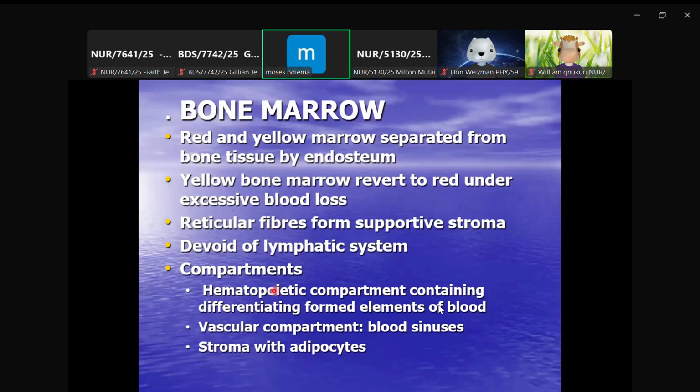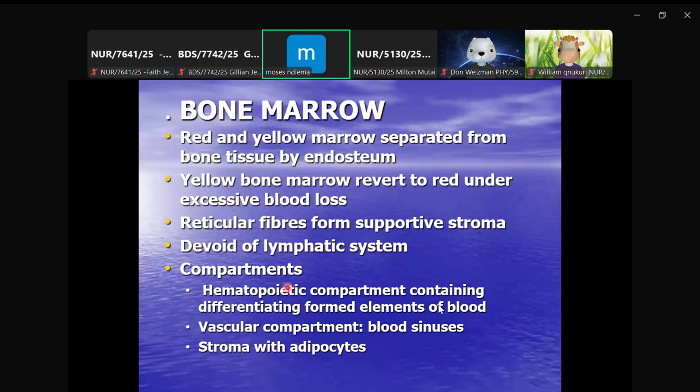In the myeloid stem cell and the proerythroblast, we have a very, very large nucleus, almost occupying the entire cytoplasm. The nucleus starts shrinking. It undergoes a process we call pyknosis. So during that process of pyknosis, in the polychromatophilic erythroblast, the nucleus becomes very small, migrates towards the cell membrane.